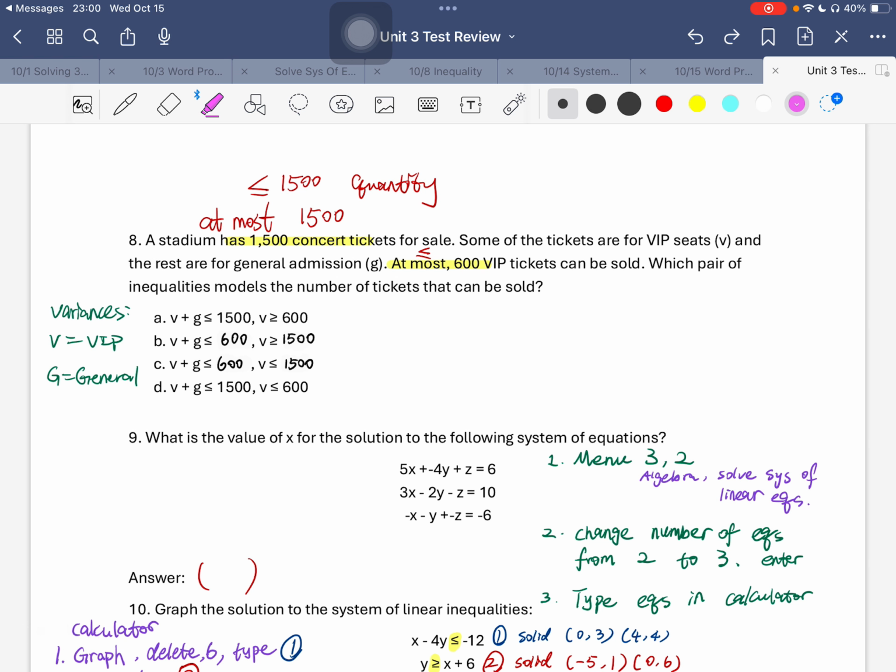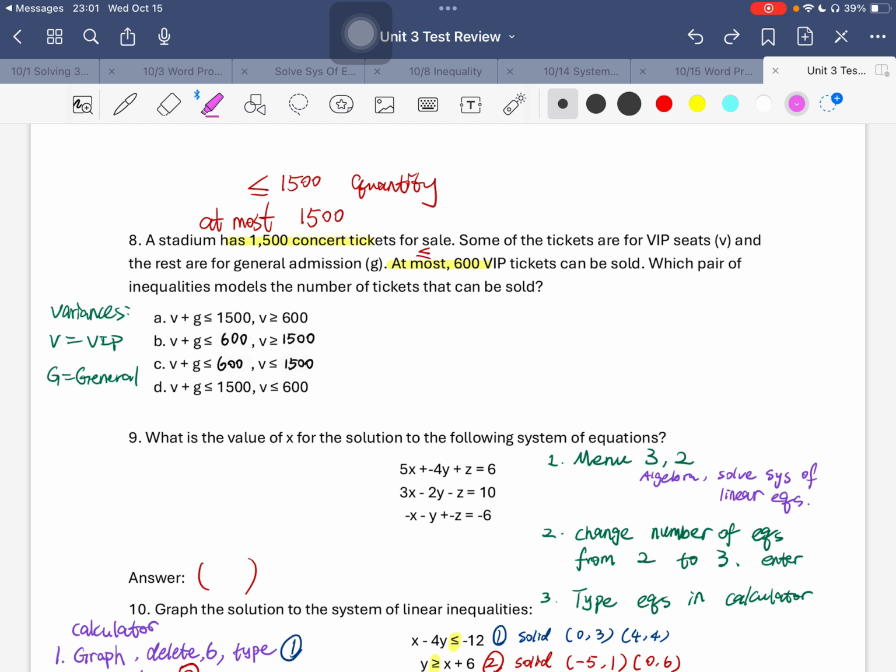Question 8. A stadium has 1,500 concert tickets for sale. So it doesn't say the inequality keywords, but we know if it only has 1,500 seats, the most seats we can sell is 1,500.